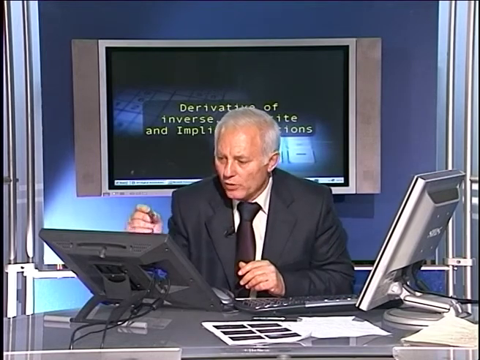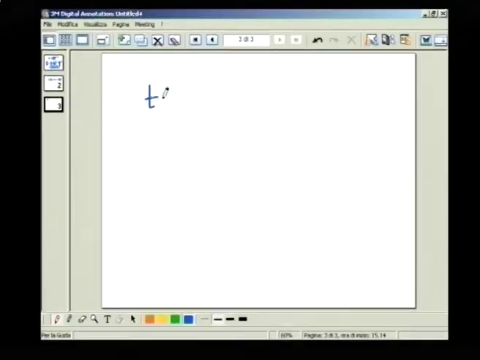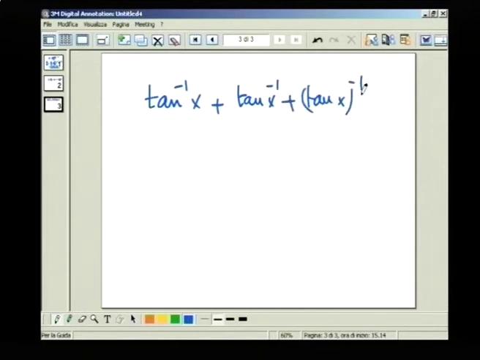It's imperative that you should watch out for functions that look alike. For example, suppose we have a function like tan minus 1 of x, plus tan x minus 1, plus tan x all to the minus 1. The students sometimes get confused with notation like this.